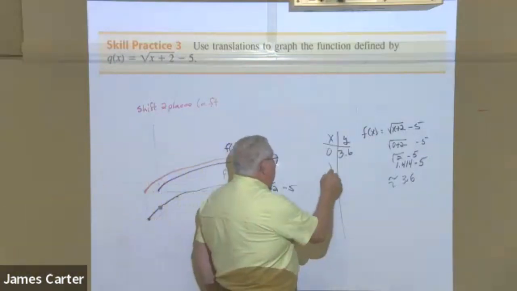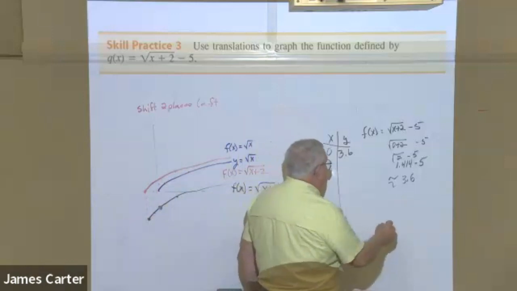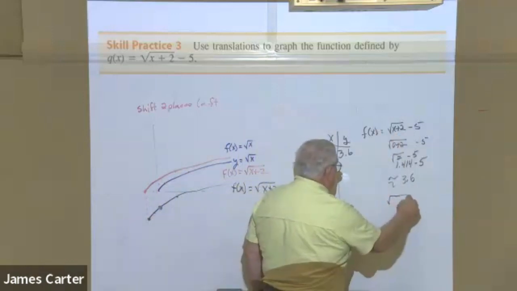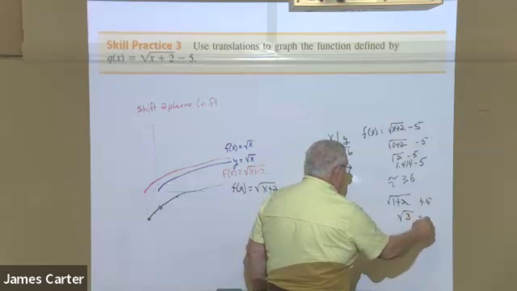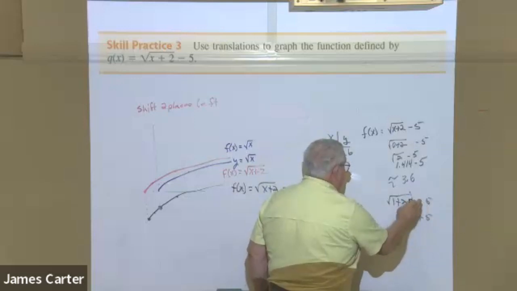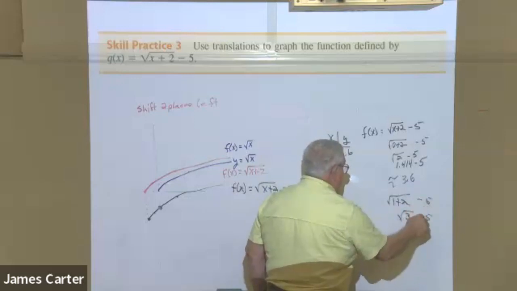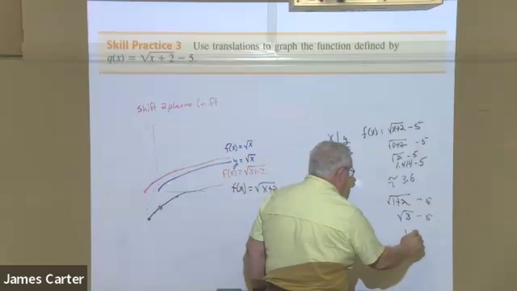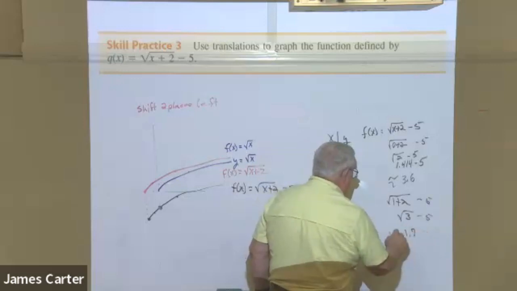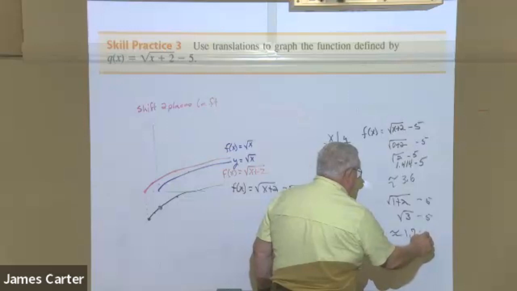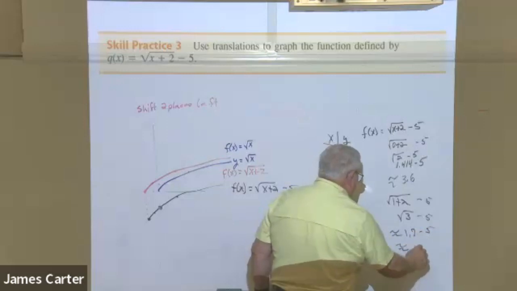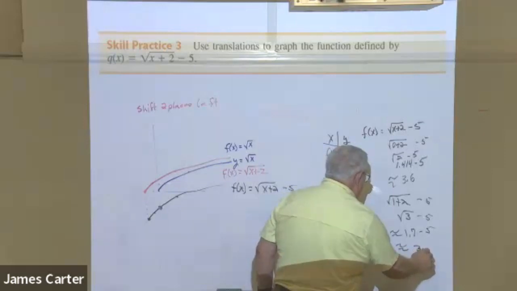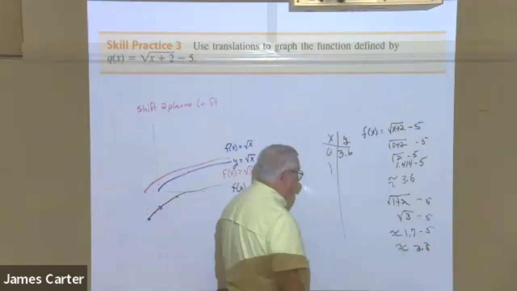Then I could let x be 1. I'd go through this same process. 1 plus 2, square root of 3, minus 5. 1.7, just to round it off, minus 5 is approximately negative 3.3.